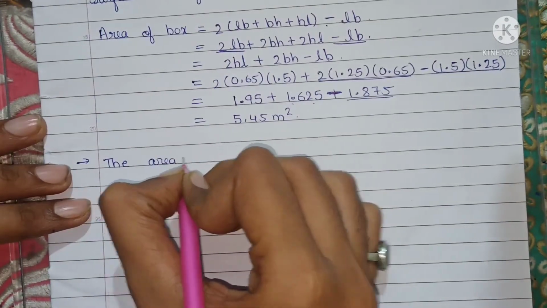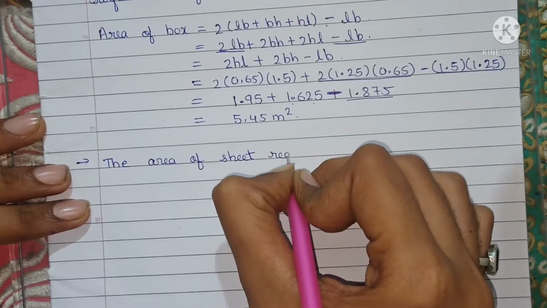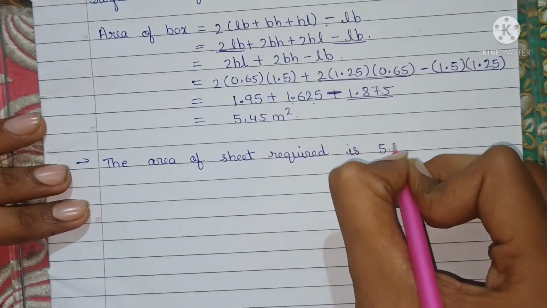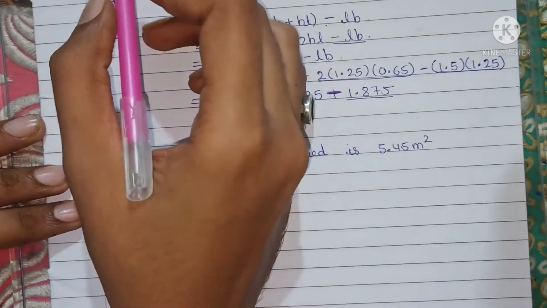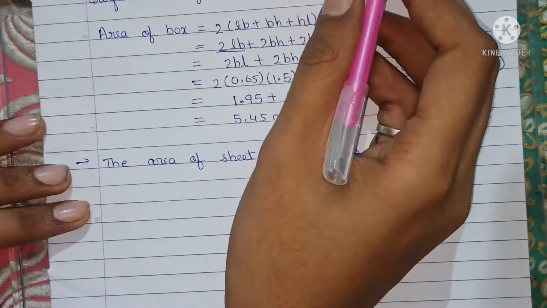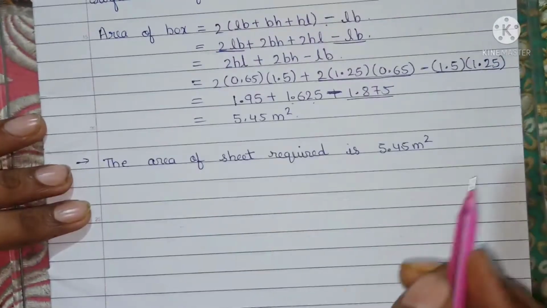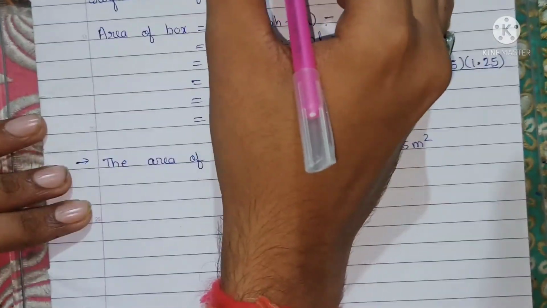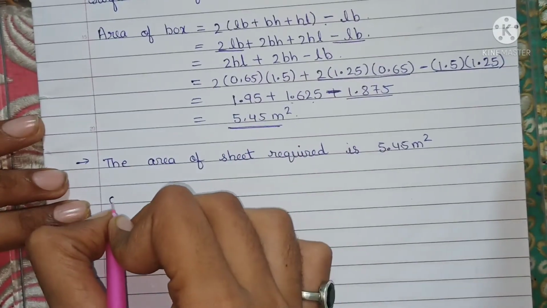So we can write the area of sheet required is 5.45 meter square. The second part is the cost of sheet for making it, if a sheet measuring 1 meter square costs 20 rupees. So for 1 meter square the cost is 20, and we have to find the cost for 5.45 meter square.